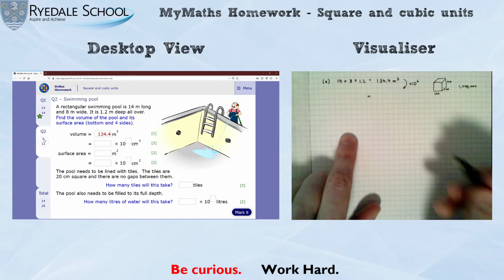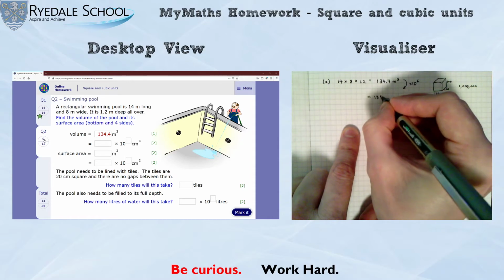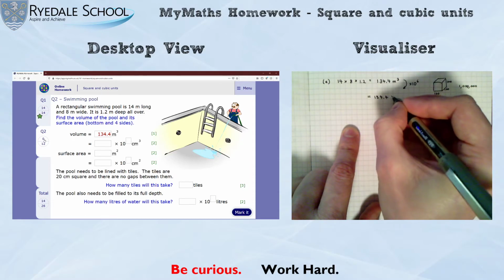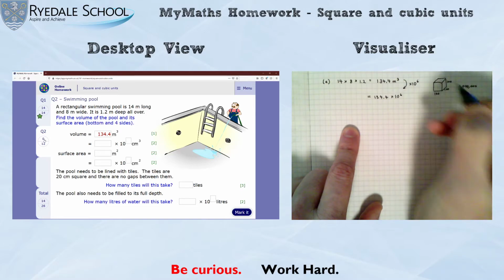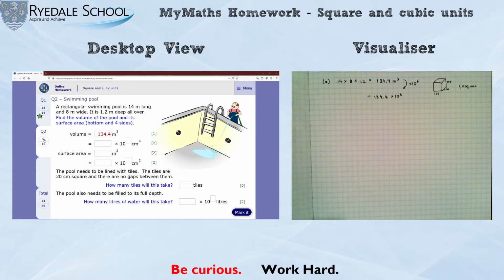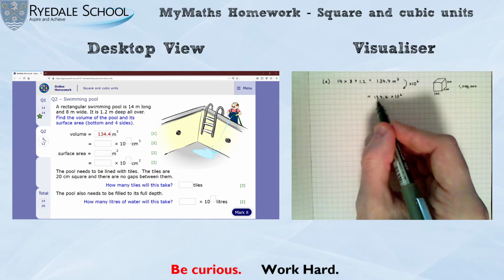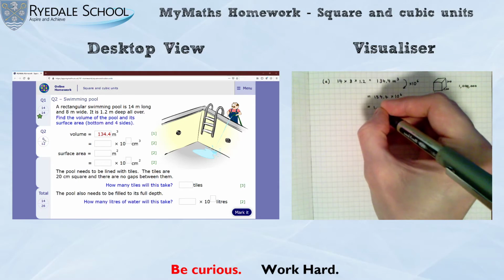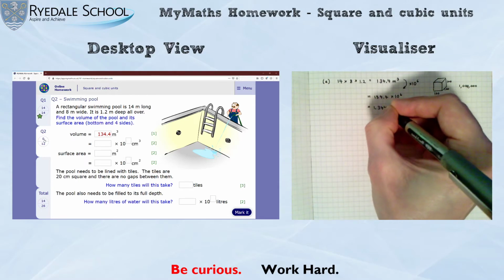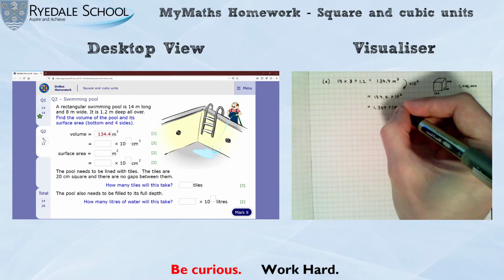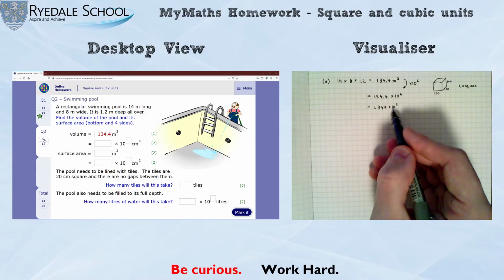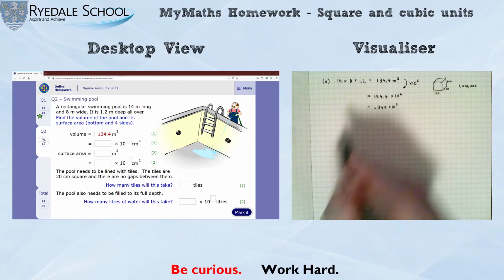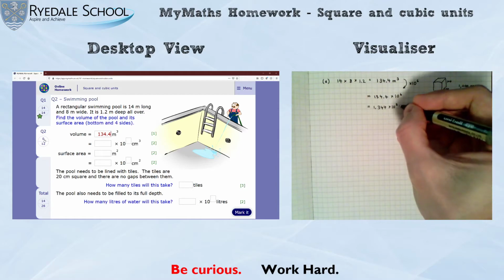Now, if I times it by 10 to the power of 6 and write it like this, 134.4 times 10 to the 6, that isn't in standard form. And the reason this number isn't between 1 and 10, I need that to be 1.344, which would give me another times 10 times 10 to make it 134.4.